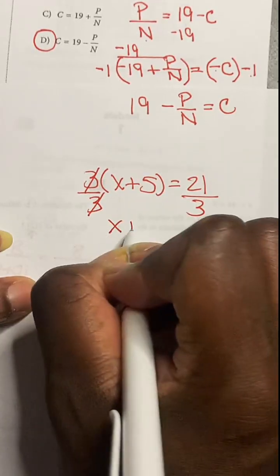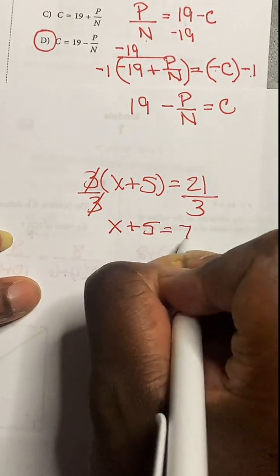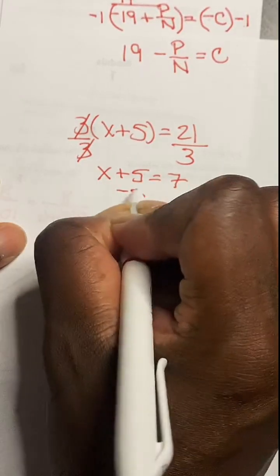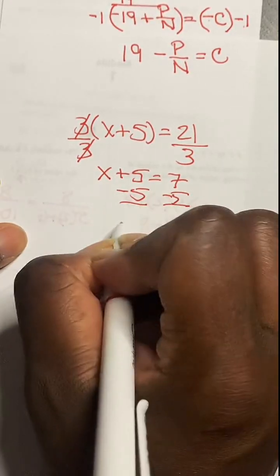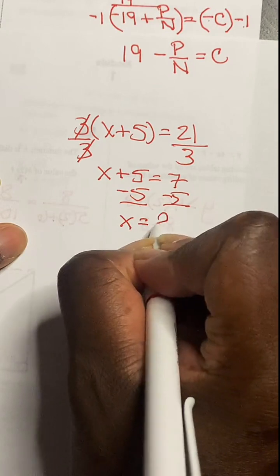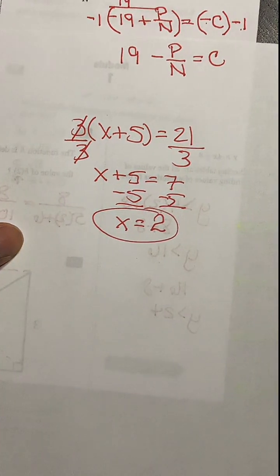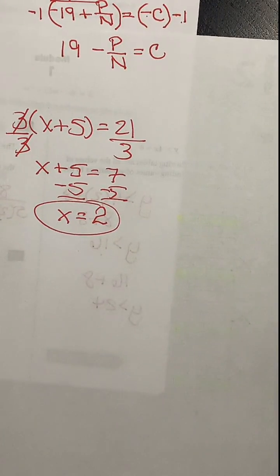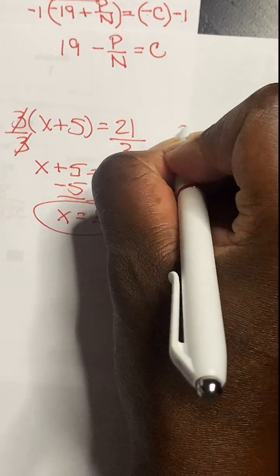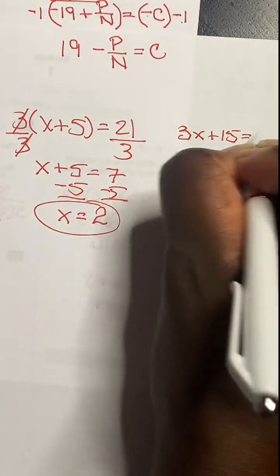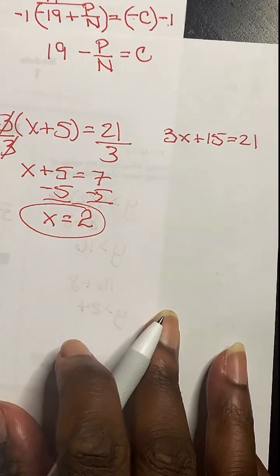So that gives me x plus 5 equals 7. Then you can subtract your 5, and you get x is equal to 2.